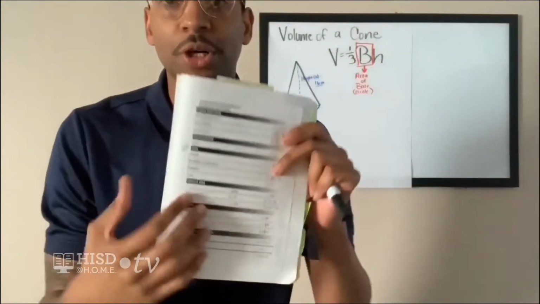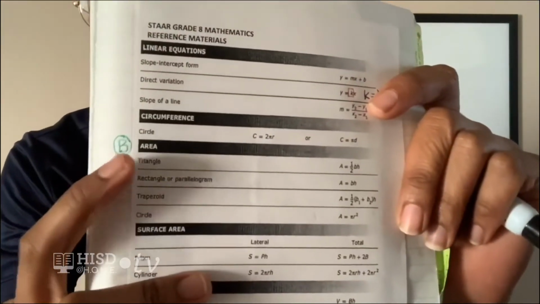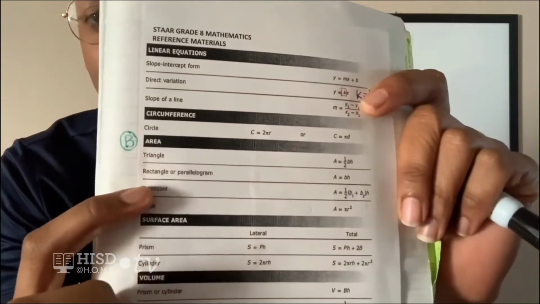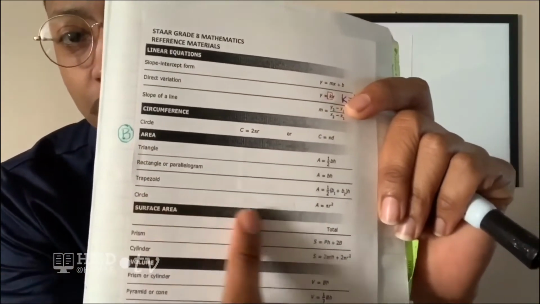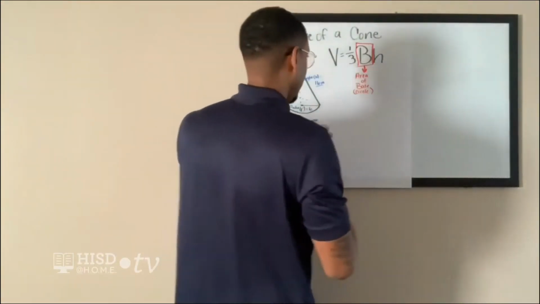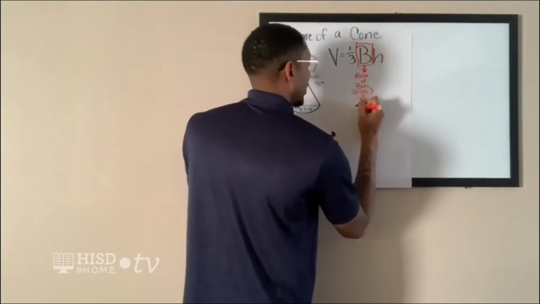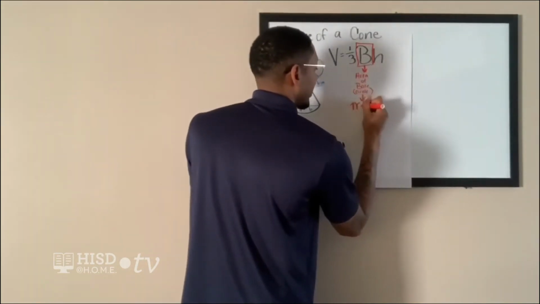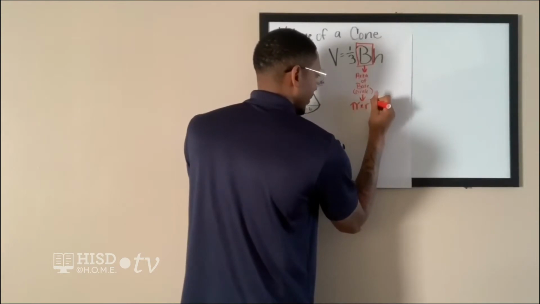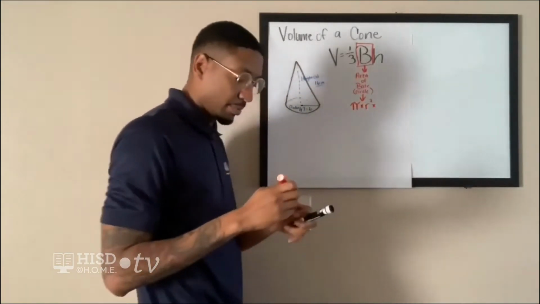So when we go back to our formula chart, where we wrote the big B beside area, and we go down to circle, pi r squared again. Let me use my reader. So pi times the radius squared multiplied by 1/3.